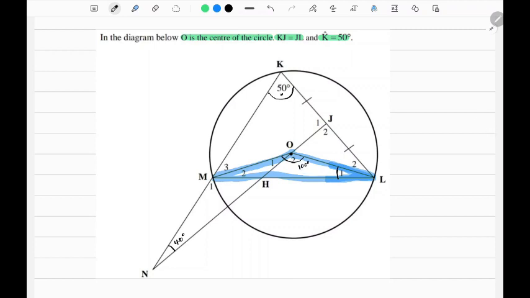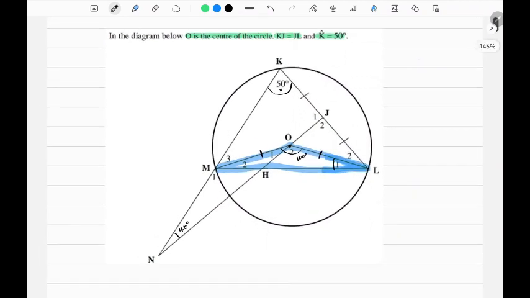What we can also note is that OM and OL are radii, so their lengths are equal. So L1 and M2 become equal angles, because angles across equal sides are equal. This angle is across this equal side, and this equal side is across this angle. So angles opposite equal sides are equal.